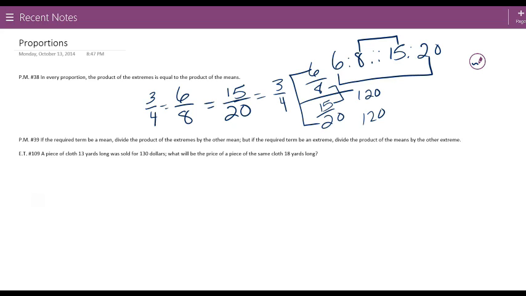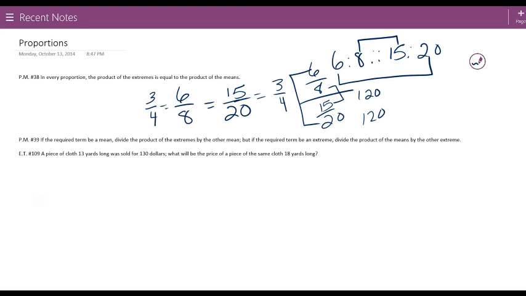So in Pure Mathematics section 39, it says, if the required term be a mean, divide the product of the extremes by the other mean. But if the required term be an extreme, divide the product of the means by the other extreme. And we'll talk about what all that means as we go through those examples from Elementary Treatise.